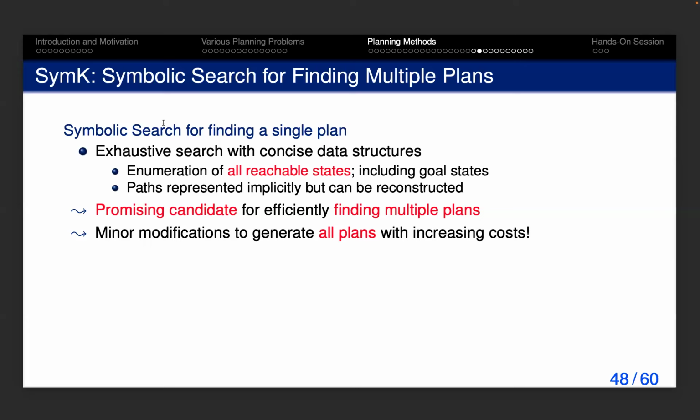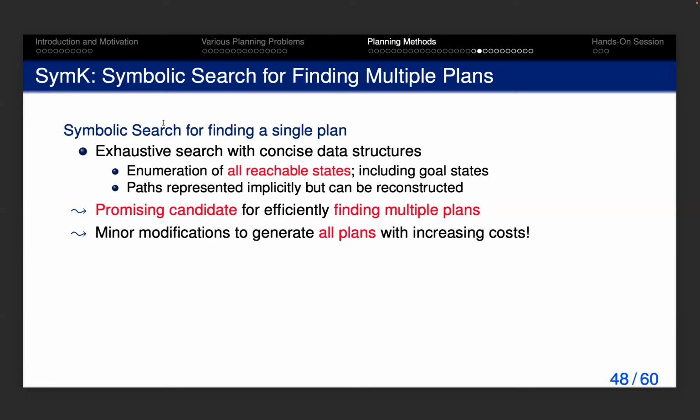So symbolic search, as I said, was originally introduced in planning for finding a single plan. And the main idea is to do an exhaustive search with concise data structures. There you more or less enumerate all the reachable states from the initial state until you find the goal state. But if you continue, you just find goal states after goal states. And the nice thing about this whole paradigm is that you don't represent paths explicitly, but implicitly.